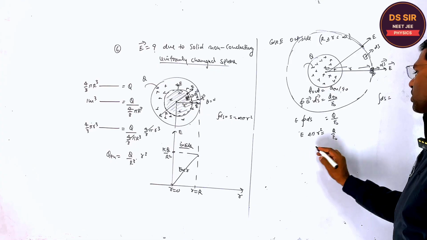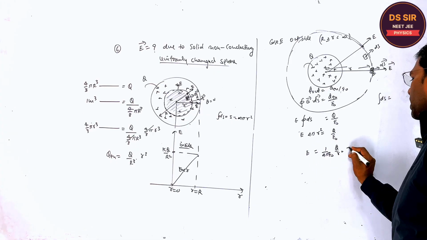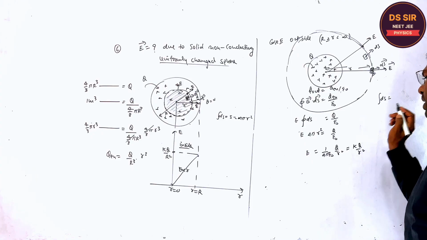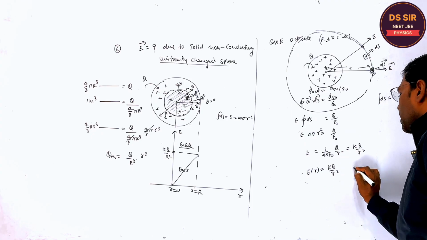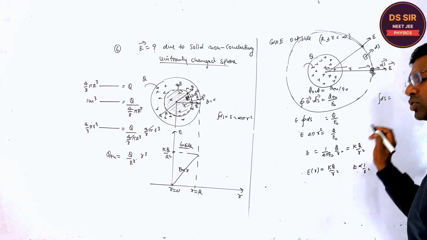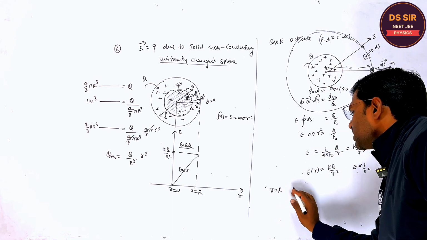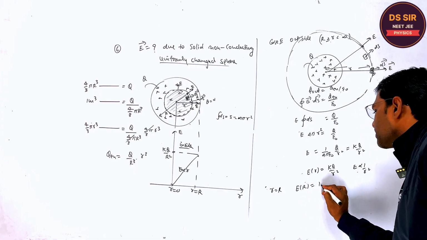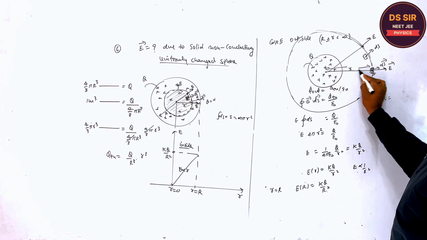Q upon epsilon naught. The electric field is 1 upon 4 pi epsilon naught, Q upon r square, which is equal to kQ upon r square. So the electric field as a function of r is proportional to 1 upon r square. The value of r varies from capital R on the surface, where the electric field is kQ upon R square, up to infinity.